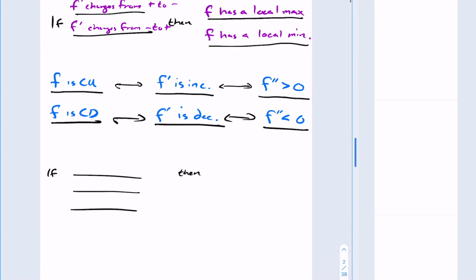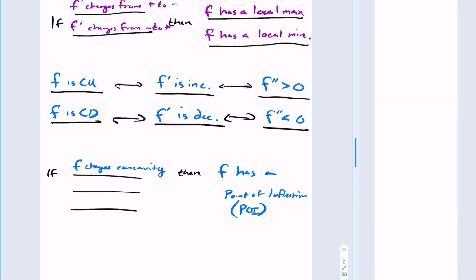So if something happens, then f has a point of inflection, or an inflection point, or POI in short. F has a point of inflection when f changes concavity.